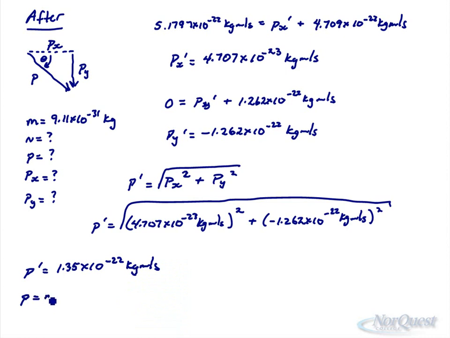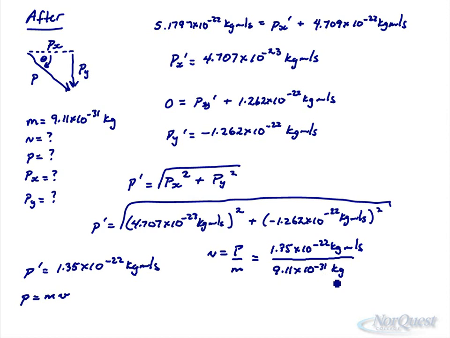We know that p equals mv for an electron, so velocity equals momentum divided by mass. We're almost there. 1.35 times 10 to the negative 22 kilogram meters per second divided by 9.11 times 10 to the negative 31 kilograms, and we get 1.48 times 10 to the 8 meters per second.